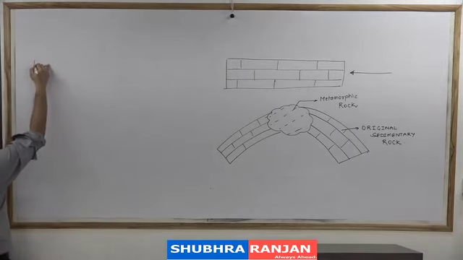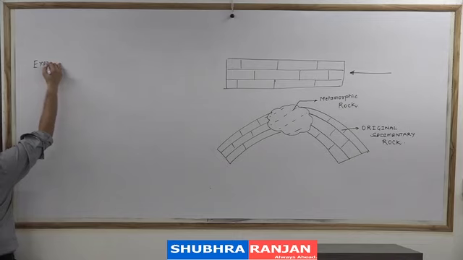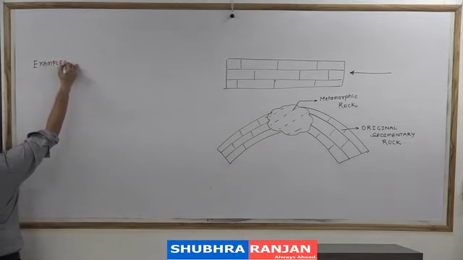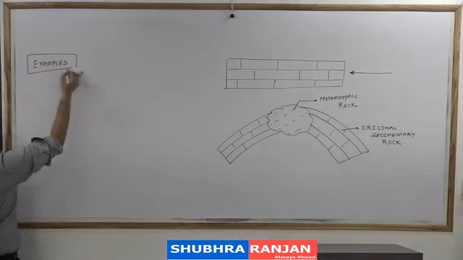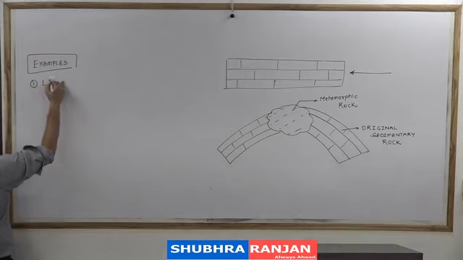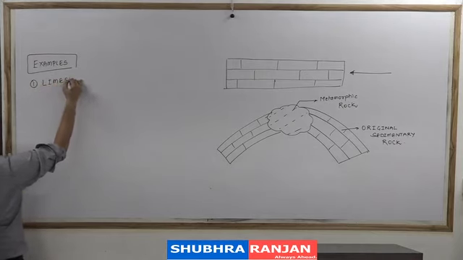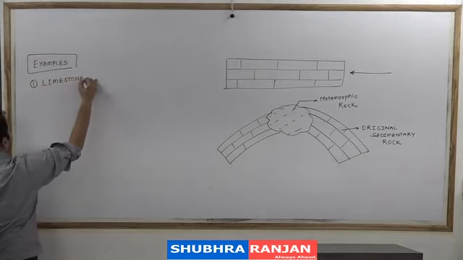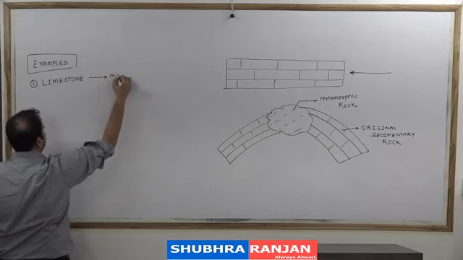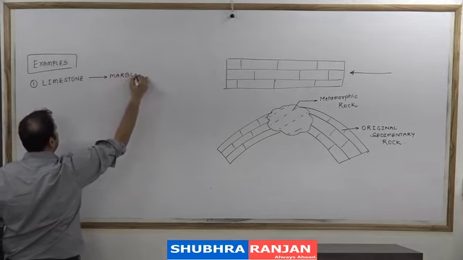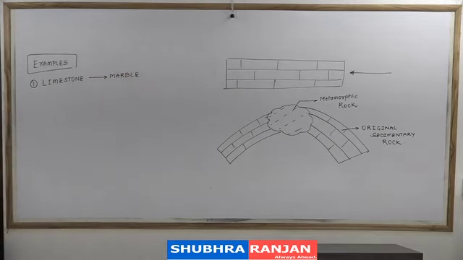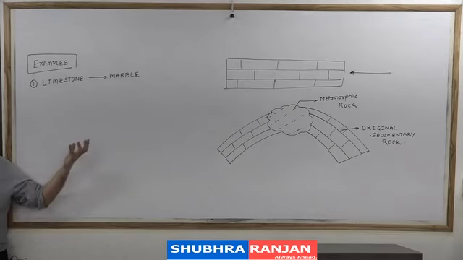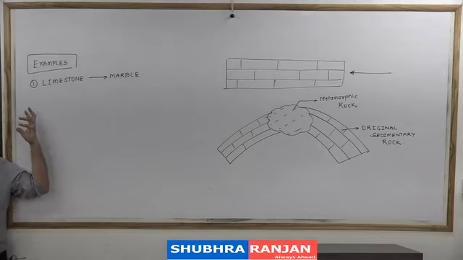So do the examples very properly for the exam. First example, we have written limestone into marble. Limestone is converted into marble, and you can see how much change in the properties there. Marble is so tough rock and limestone is a very very weak rock.